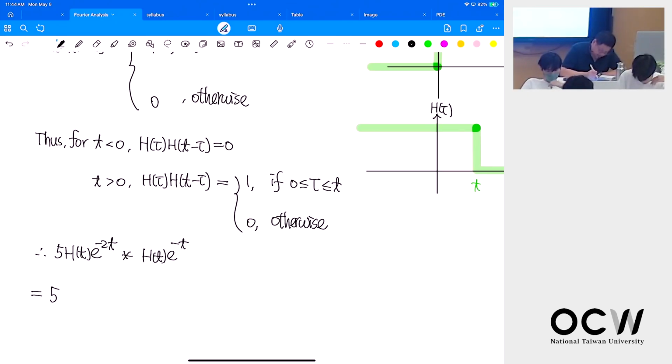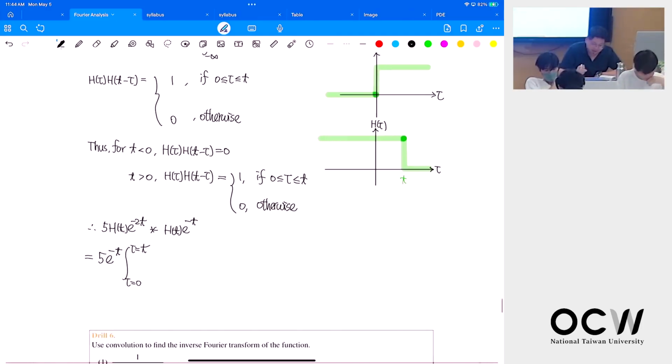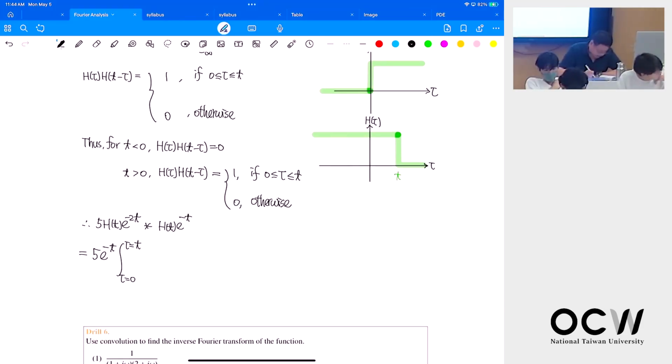Tau should be from 0 to t. Otherwise, the integral inside will be 0. e to the minus tau d tau.